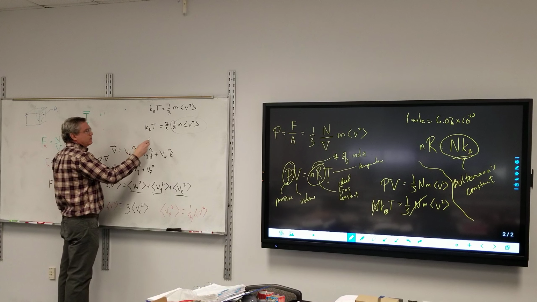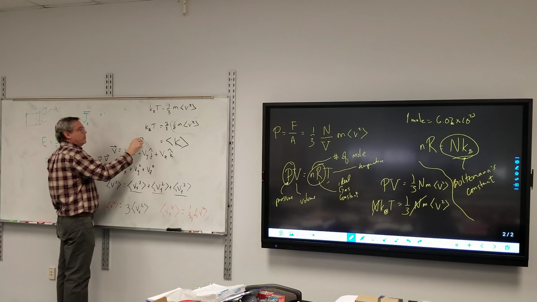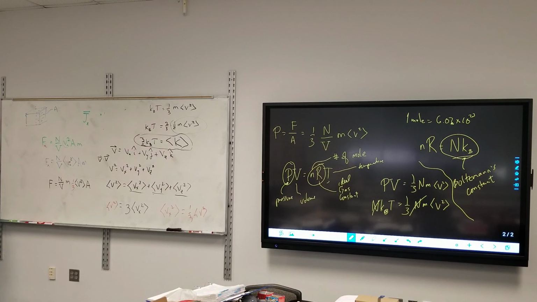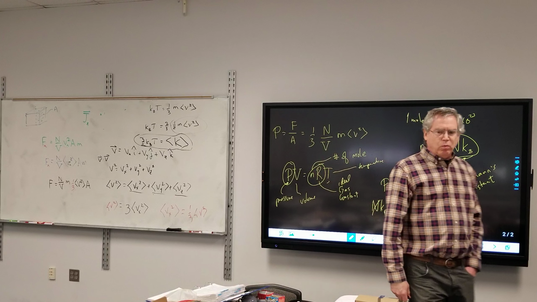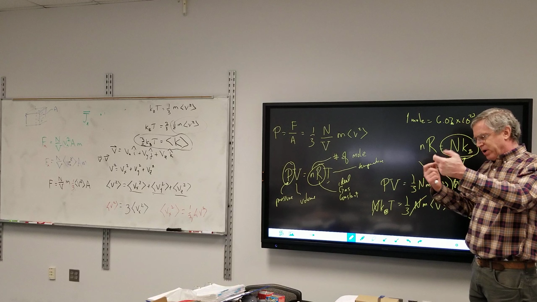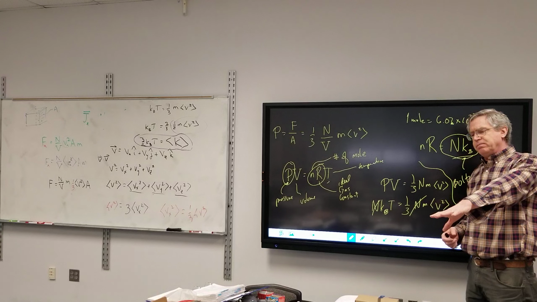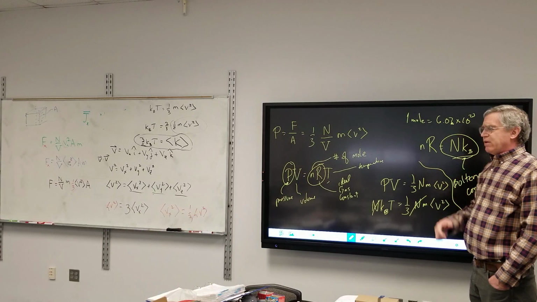Multiply by 3/2, and so I have my average kinetic energy is equal to 3/2 Boltzmann's constant times the temperature. So when you are looking at particles moving around in a box, or if we're talking about the particles in a table, if I know the temperature of it, I can predict what the average kinetic energy is.